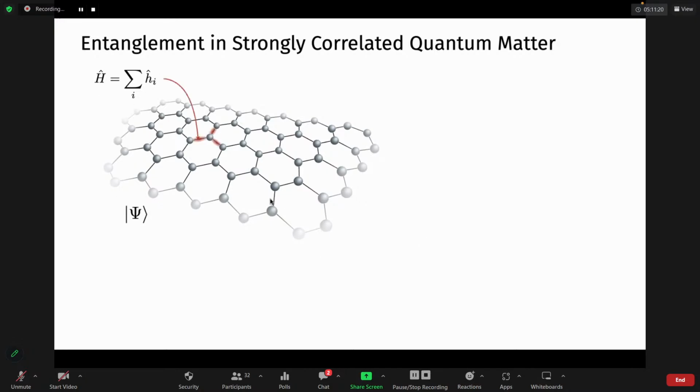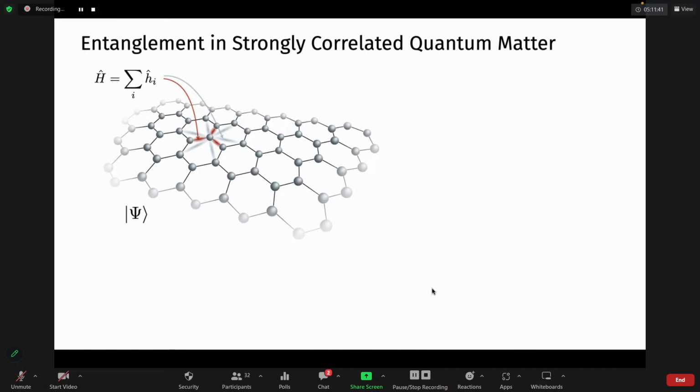And what I mean by local is this Hamiltonian is a sum of terms h_i, and these operator components h_i might have nearest neighbor interactions or maybe next nearest neighbor interactions, but you can associate them with a single site in the lattice, and this sum i runs over all lattice sites.